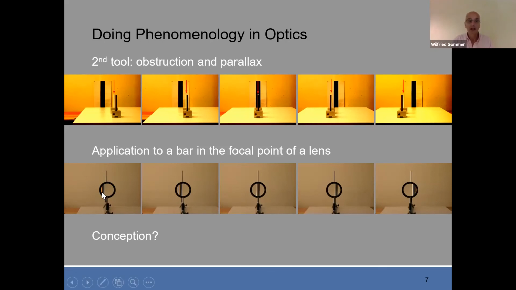By moving your eye from the left to the right, the bar here always follows your movement.